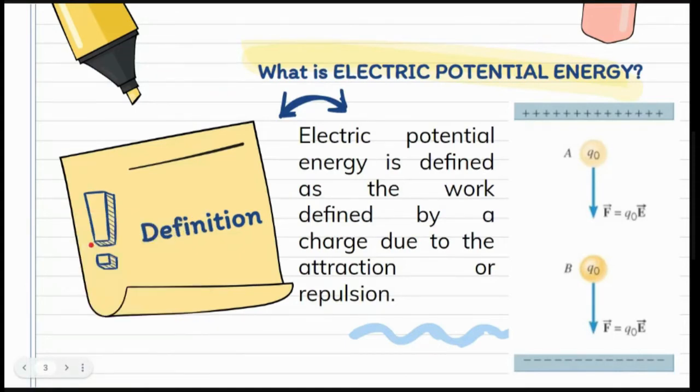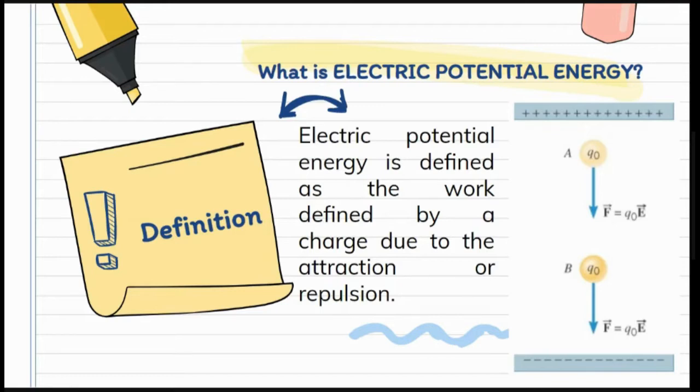Notice that there are two conducting plates, and these conducting plates are metal objects, and every conducting plate has different charges. We have a positive conducting plate and a negative conducting plate. Remember that electric field lines can be illustrated using arrows that begin with a positive charge towards the negative charge.